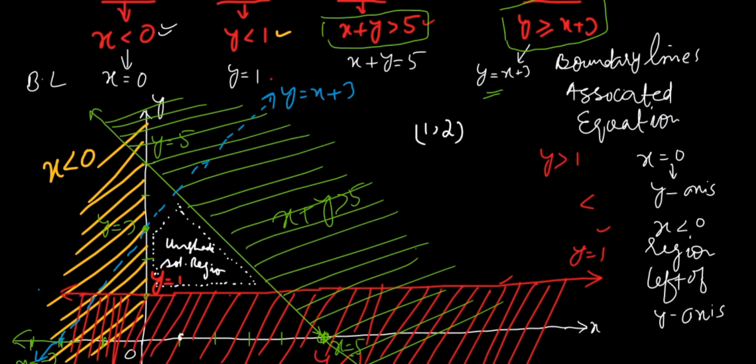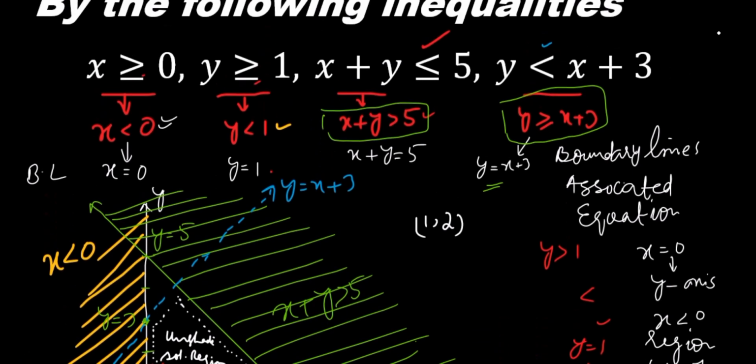If you put this point in all of these inequalities, you can notice that this point will satisfy all of them. For example, if you put x is equal to 1, y is equal to 2 in the last inequality, we have 2 less than 1 plus 3. This is 2 less than 4.